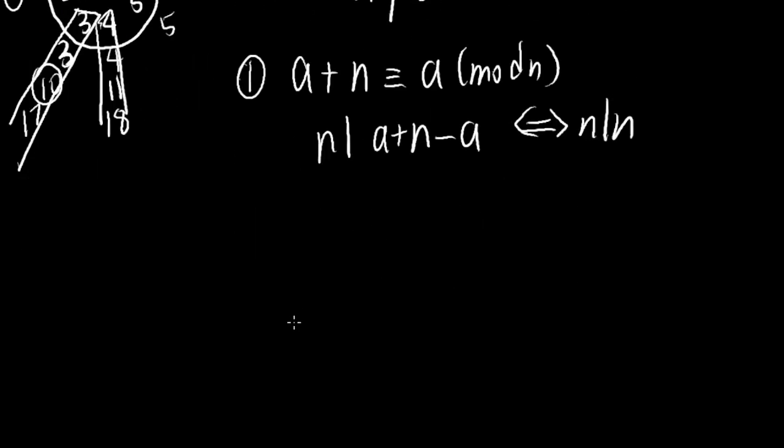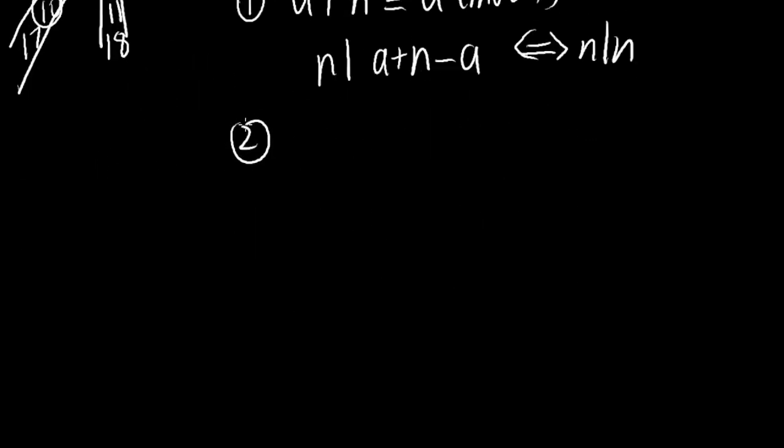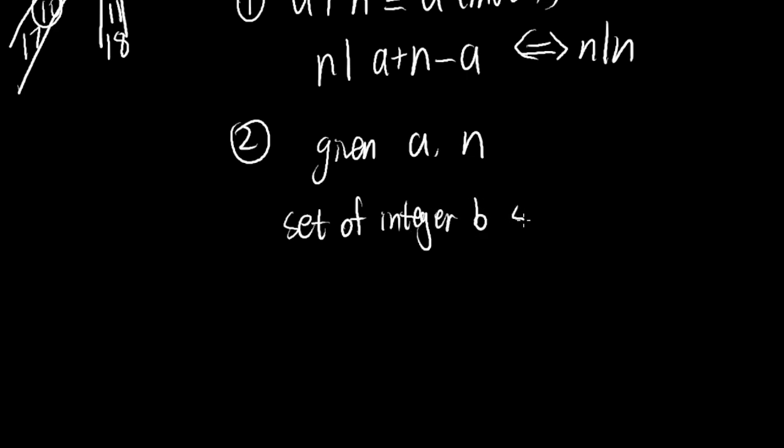We can also prove some other basic facts. For example, given a and n integers, consider the set of integers b such that b is congruent to a mod n, which means b has the same remainder as a, right? And what is b?